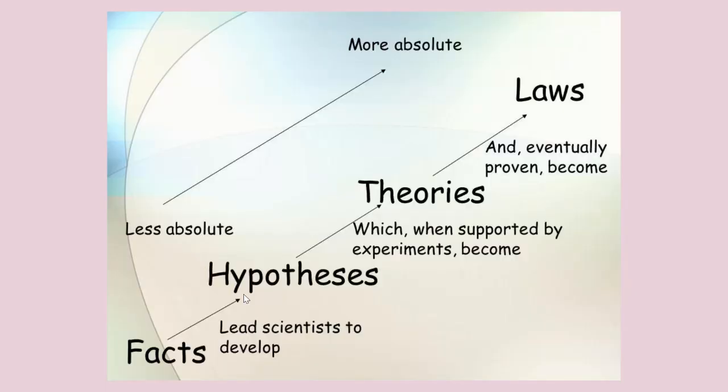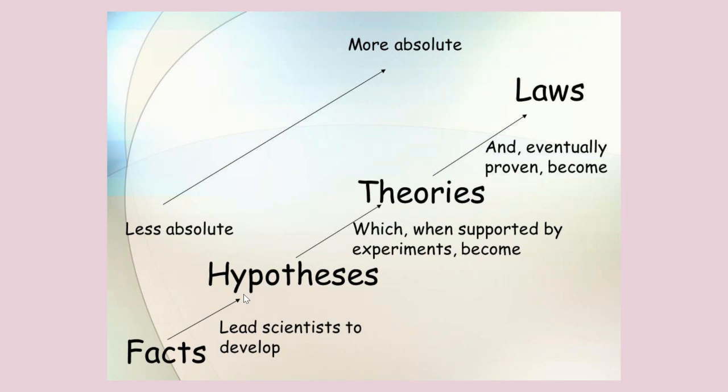The difference between these different terms: hypothesis is less absolute and less certain. It is developed from facts that scientists have researched, but it's the least absolute of these three words: hypothesis, theory, and law. Theory is a little bit more absolute than hypothesis. Theory is something that's been tested and experimented on over and over again.